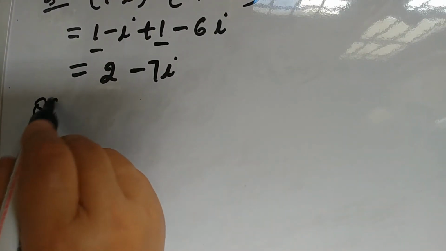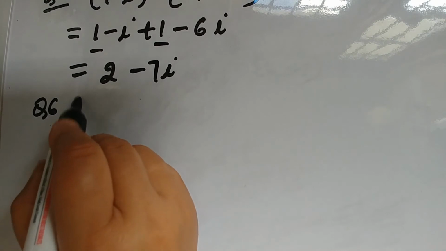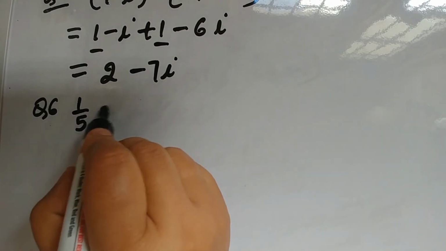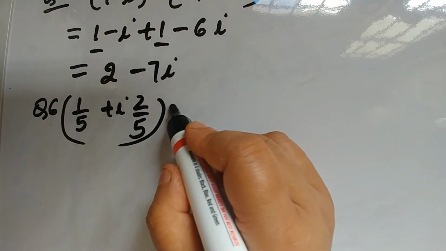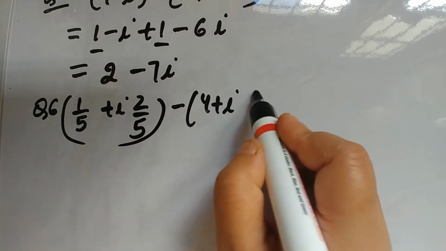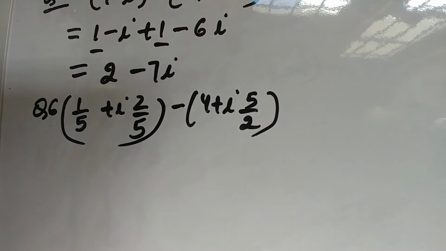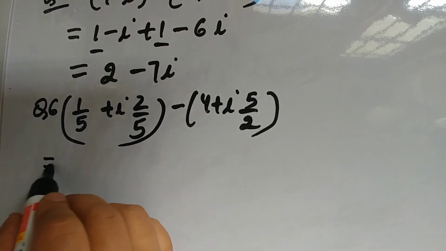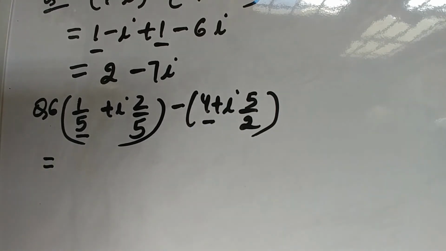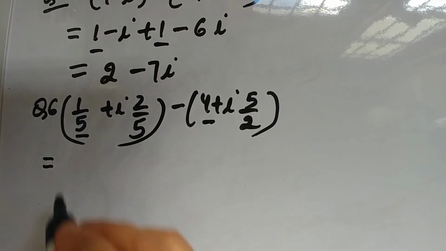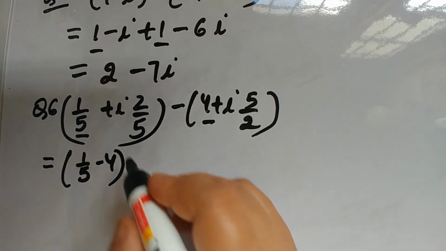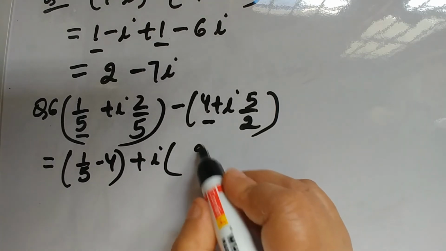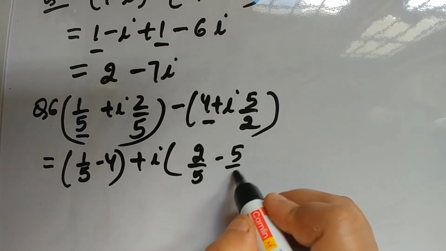Number 6 is 1 upon 5 plus iota 2 by 5 minus 4 plus iota 5 by 2. So again, just bring together the real parts and imaginary ones also. So it is 1 by 5 minus 4 plus iota times 2 by 5 minus 5 by 2.